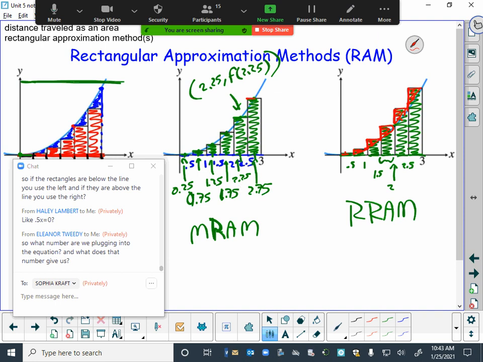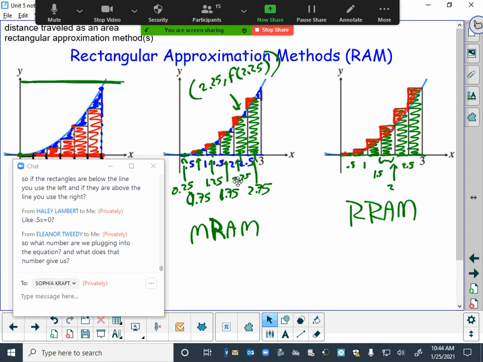So it's counting this, which isn't actually part of the area. But it's not counting these little blue pieces in here that it should. And maybe in some way there's a balance between those two things.